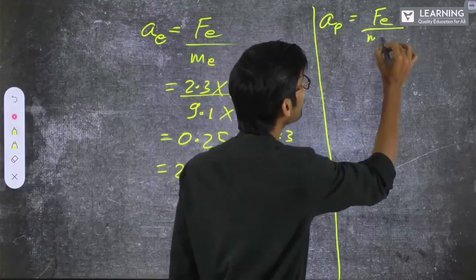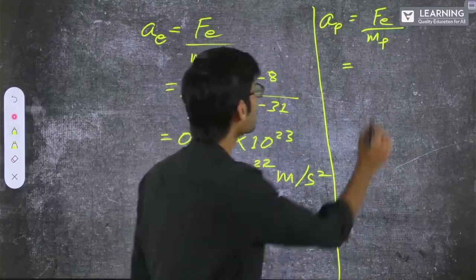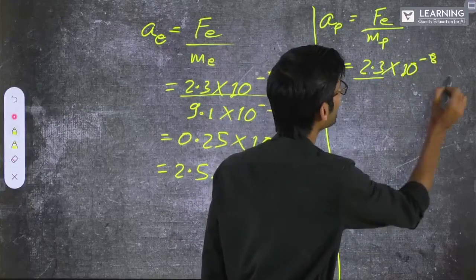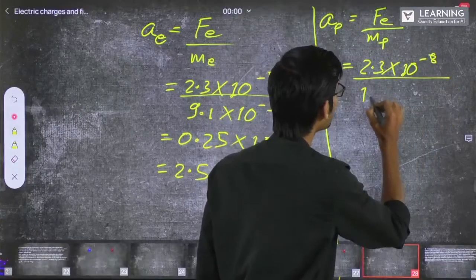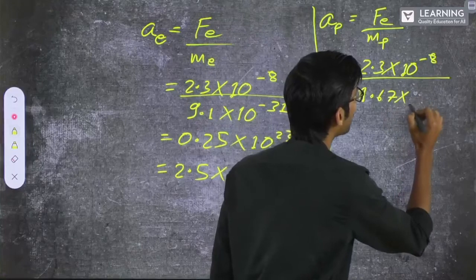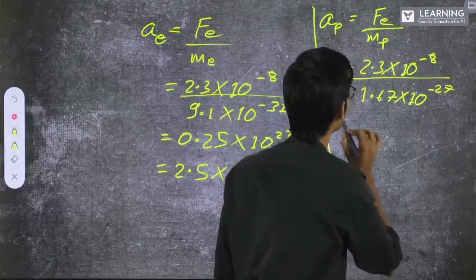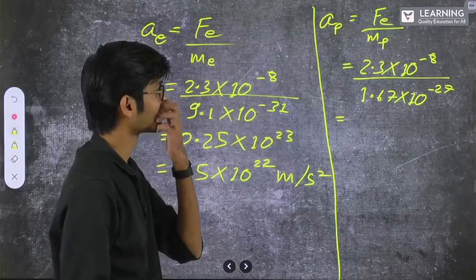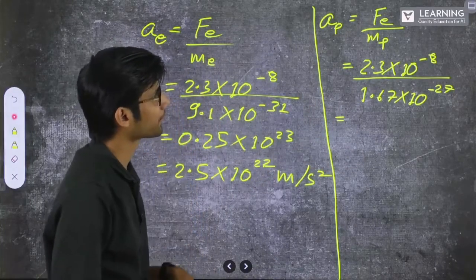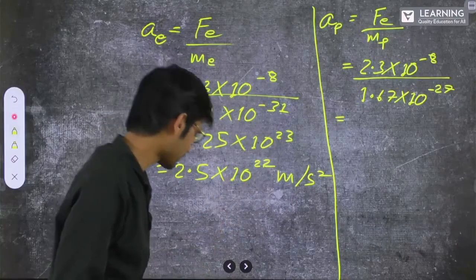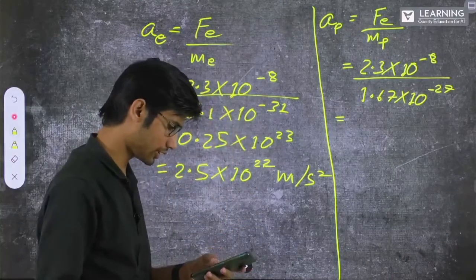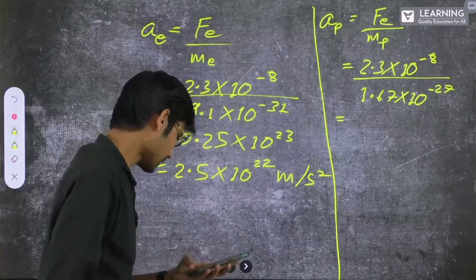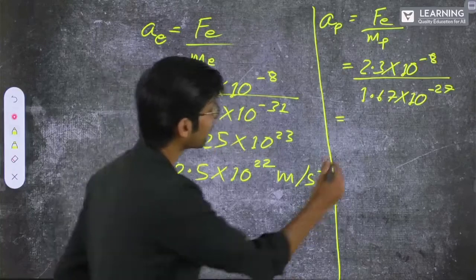Now that is 2.3 into 10 power minus 8 divided by mass of proton, that is 1.67 into 10 power minus 27. 27 minus 8 is 19. 2.3 divided by 1.67 will be 1.37 into 10 power 19.